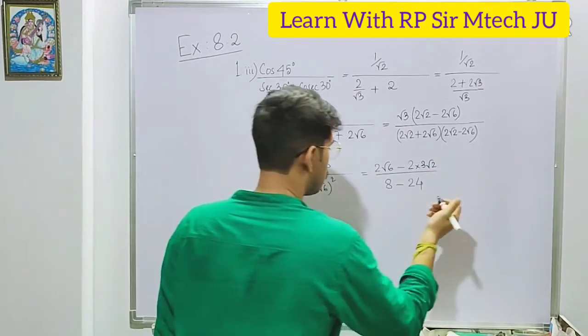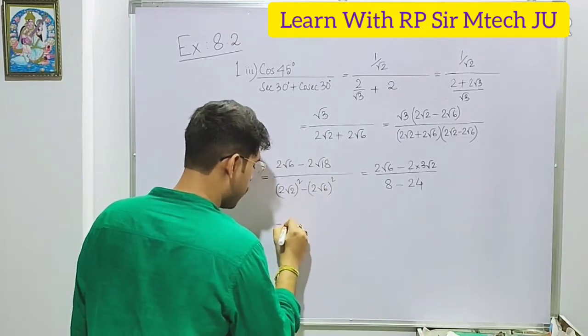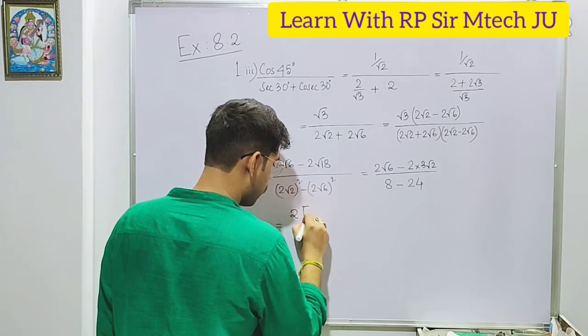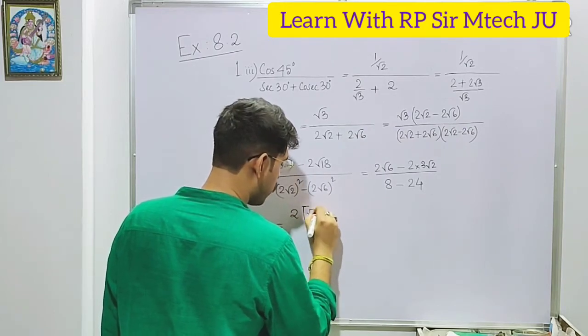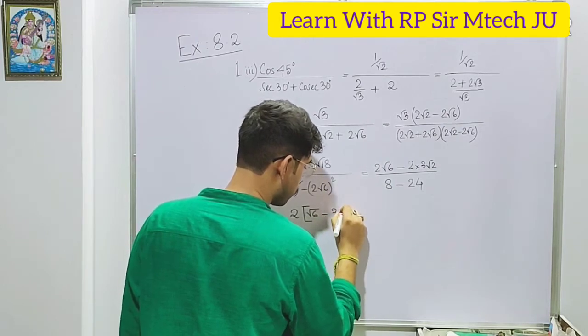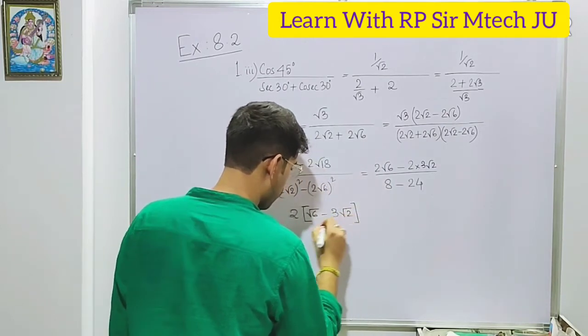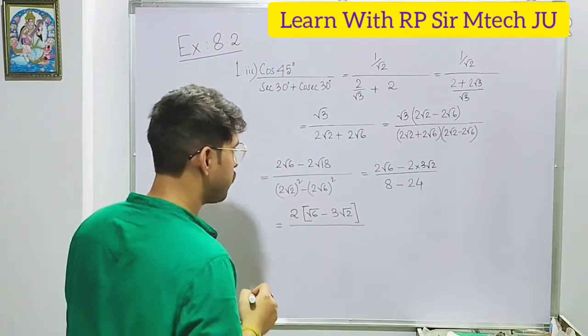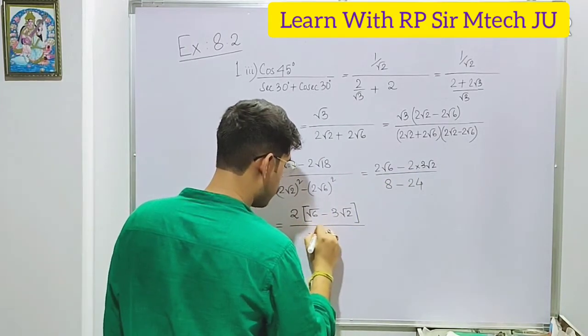Okay. So now the final step of this. We are going to take 2 as common. So we get root 6 minus 3 root 2. And here we have 8 minus 24, which is minus 16.